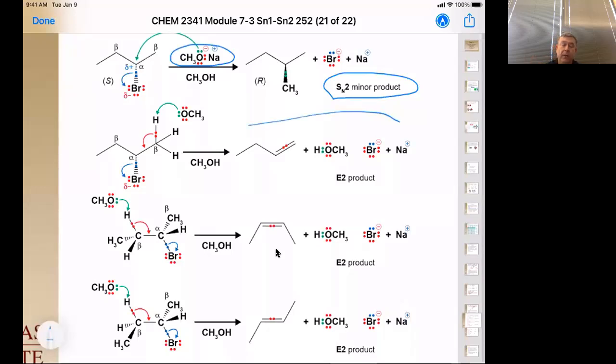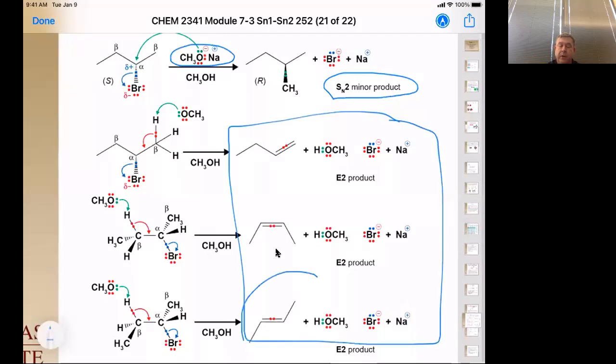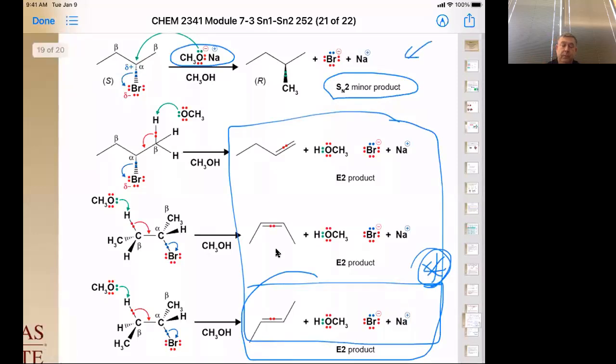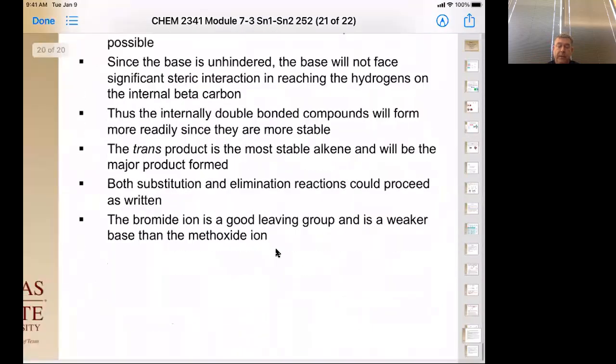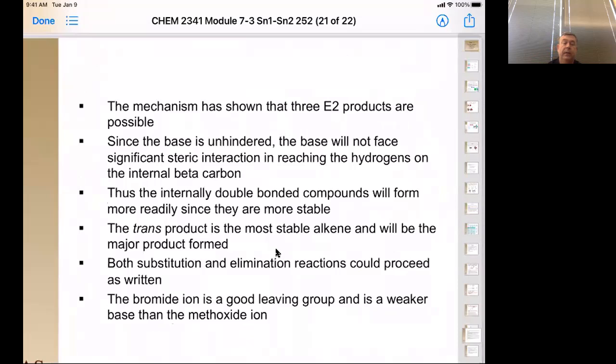So all of these products are going to be our major product, with the trans being the most, our highest yielding product. This is going to be our minor product. Okay, and that is telling us why those things are.